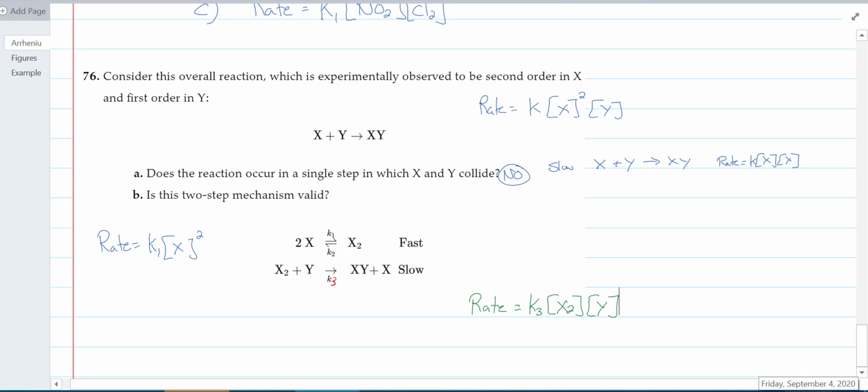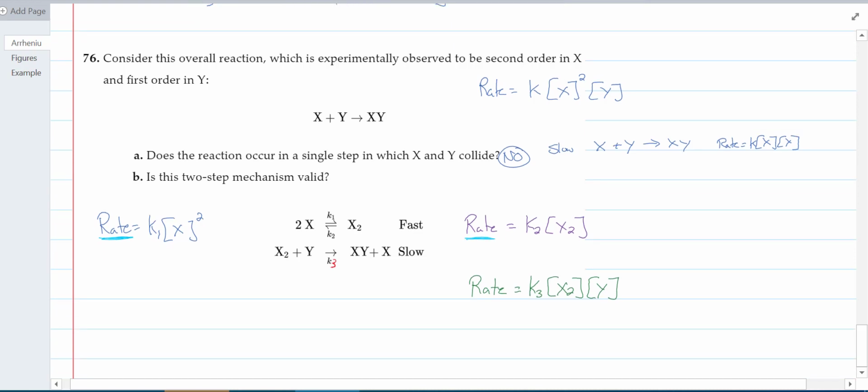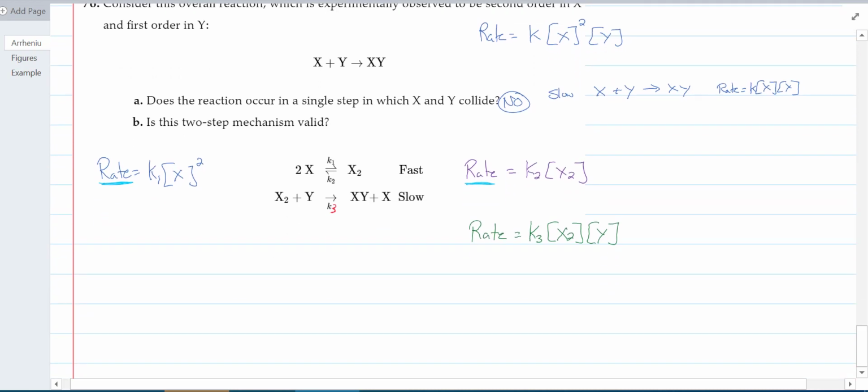So what do we do? Well, we see that there's also a rate going backwards of K2 times the concentration of X2. Now, the thing about equilibrium, this rate equals that rate. So the blue rate will equal my purple rate. How fun is that?